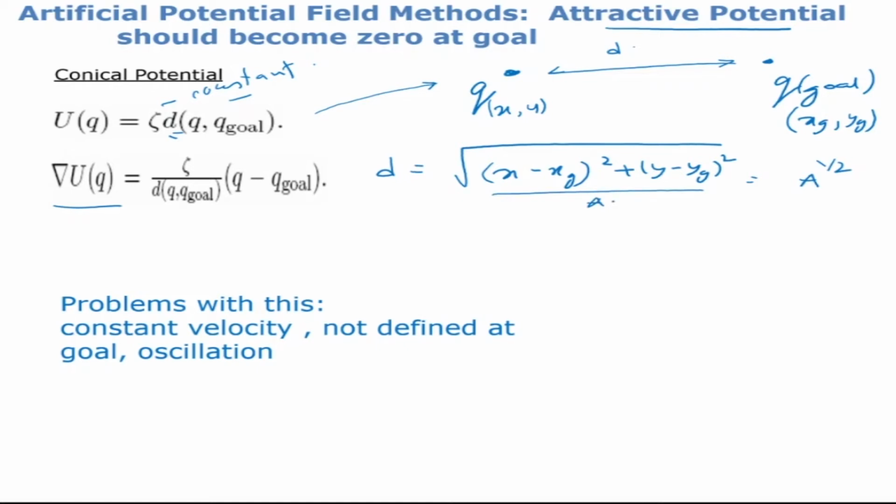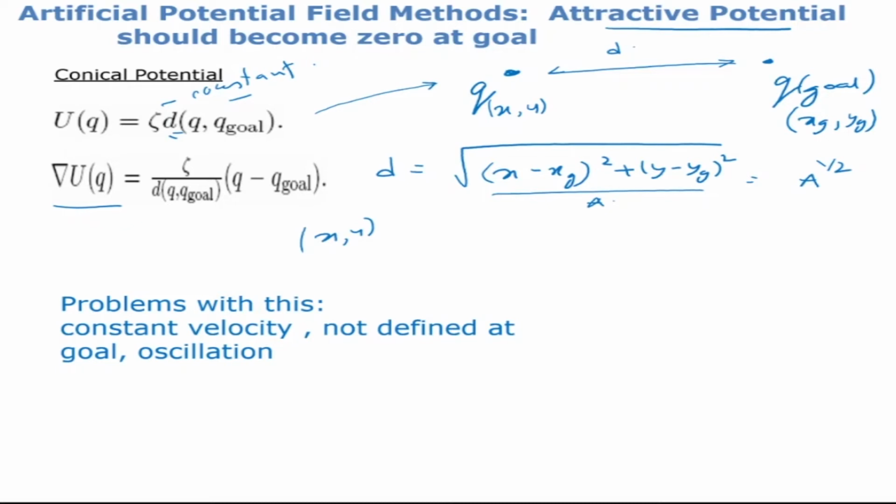Okay. So now when I'm taking the derivative of this conical potential, there are two variables, x and y. So first I take a partial derivative with respect to x, then I take a partial derivative with respect to y.